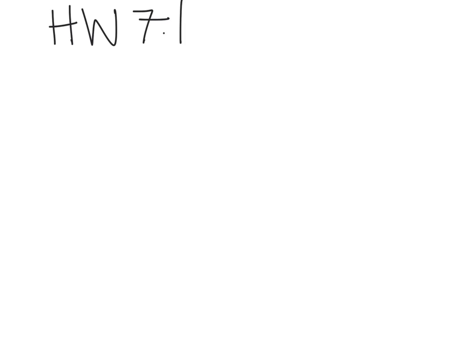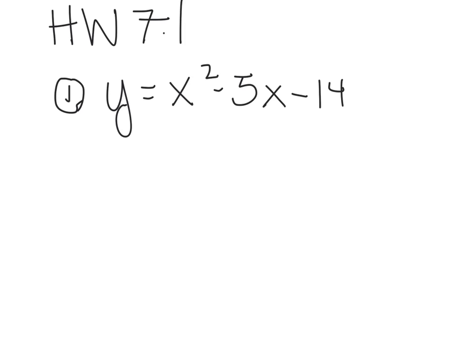So the first example we're going to look at is just a quadratic: y equals x squared minus 5x minus 14. If I factor this and set it equal to 0, that will help me find the roots. I'm looking for two numbers that add to -5 and multiply to -14.